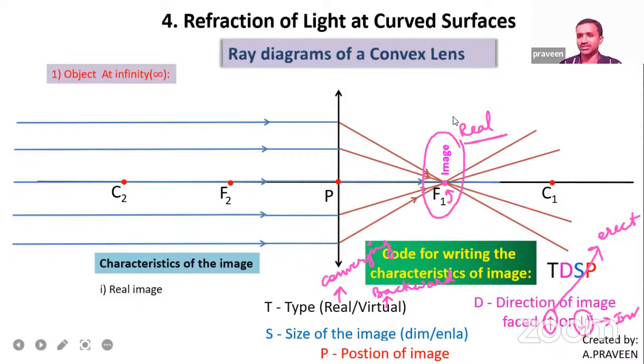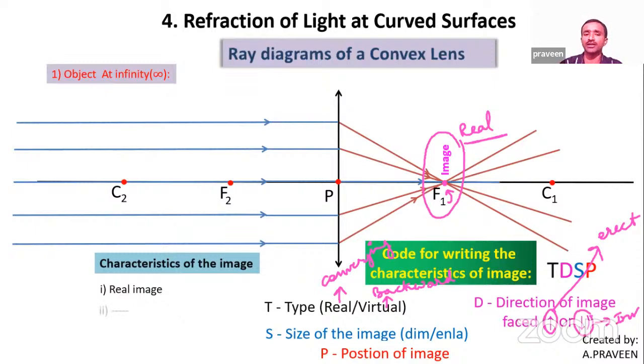maybe direction or size, whatever it may be, you can follow the order. Suppose here, size. Size is mentioned upward or downward, above or below. Here you are unable to find the direction, above or below. Exactly, it is on the principal axis. So we cannot comment about the size. It is point size. And you cannot say it is erect or inverted, so direction is not obtained.